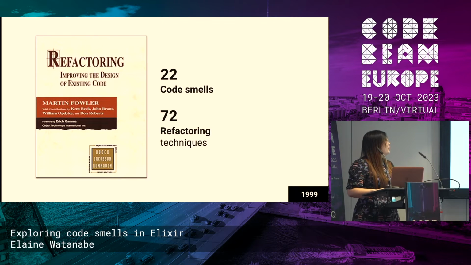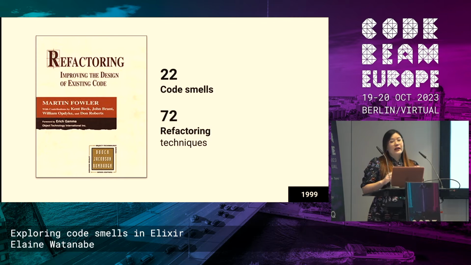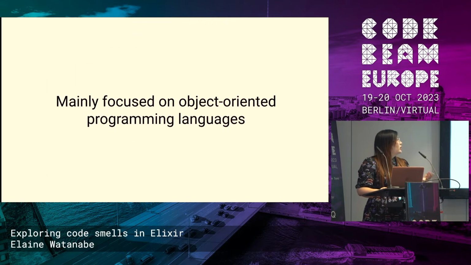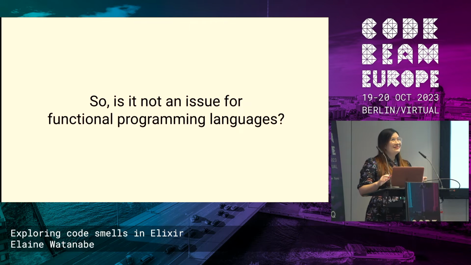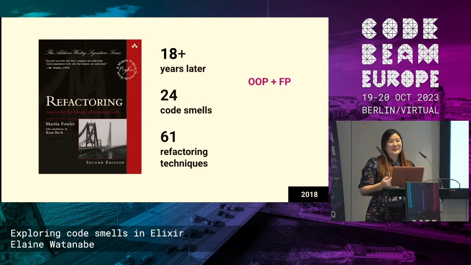A little bit about the history. They became popular because of this book, named Refactoring, kind of an old book. The focus of that book was more on object-oriented programming. But this doesn't mean that we don't have smells in functional programming languages. We actually do.